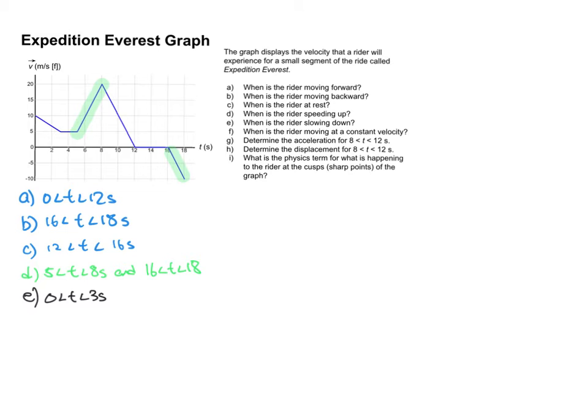For the first 3 seconds, I see it starts at 10 meters per second, then drops down to 5 meters per second. So it got slower. I see another section there from 8 to 12 seconds. It looks like it's gotten slower.